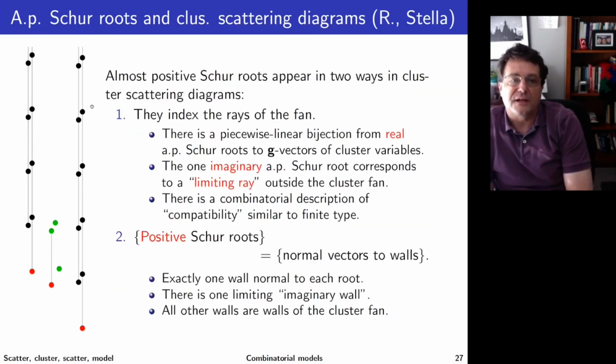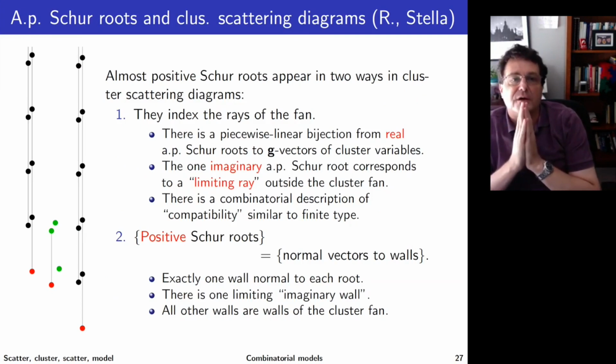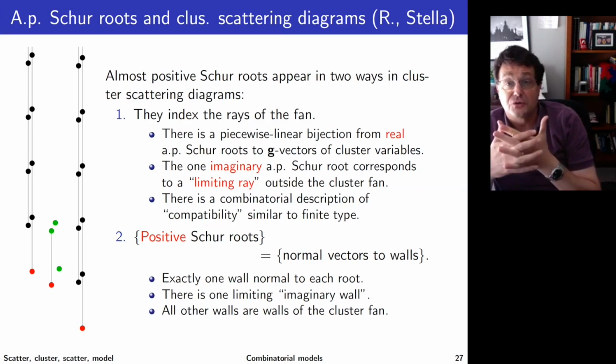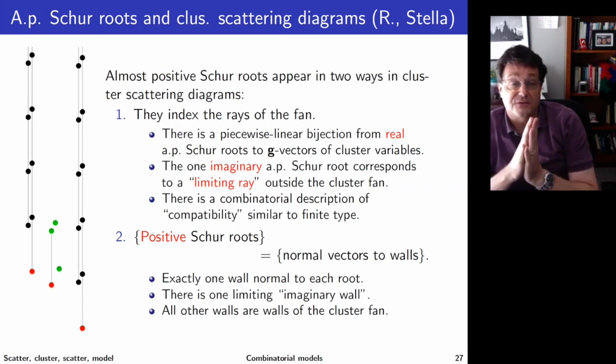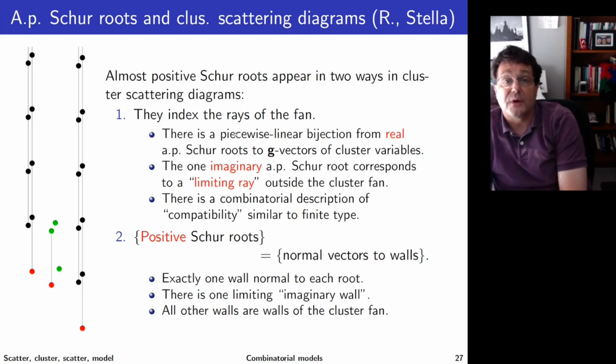Okay, so let me just try to tell you, and I probably will have to stop after this, what facts we know here. So first of all, almost positive Schur roots show up in two ways in cluster scattering diagrams. First of all, they index the rays of the fan. For this infinite fan, all the cones in it that are rays are indexed by these almost positive roots.